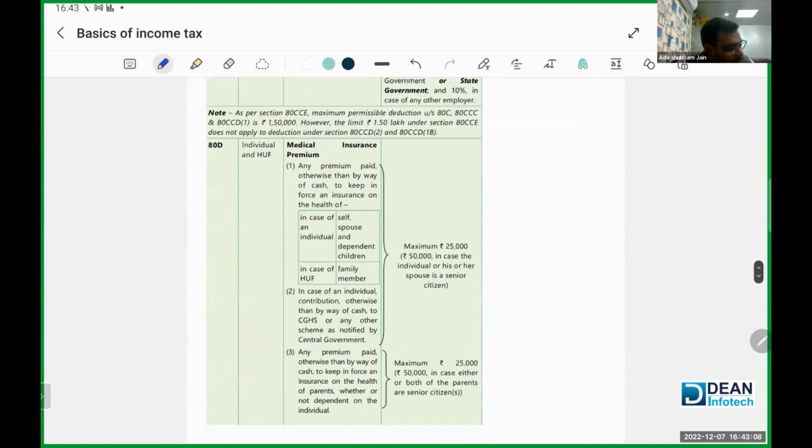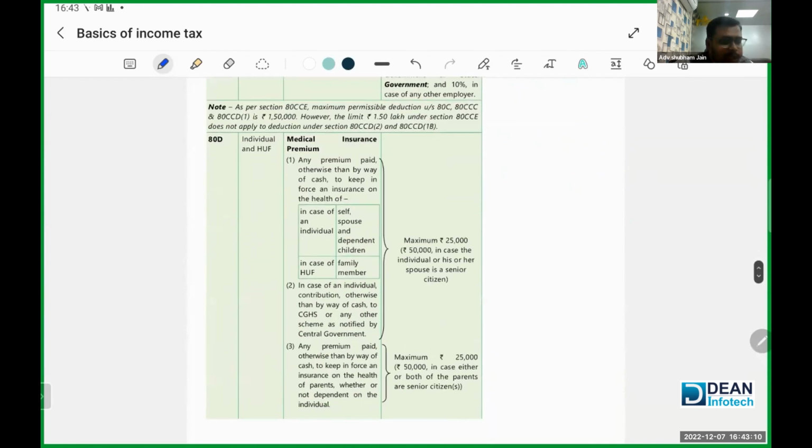The second important head is 80D for medical insurance. If you're having a medical insurance and you're paying premium for self, then you can have a maximum deduction of up to rupees 25,000 for that particular mediclaim, and 50,000 rupees in case you are paying the premium for mediclaim of your parents.